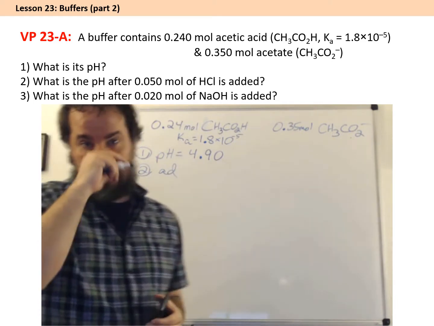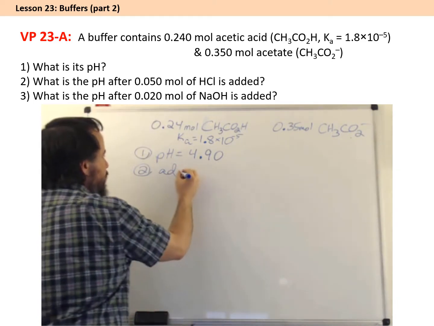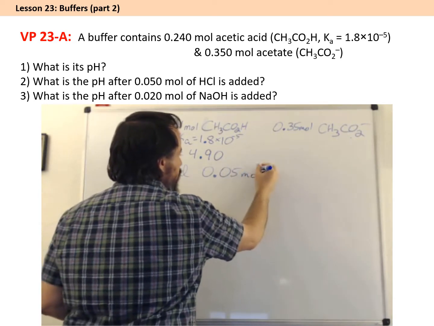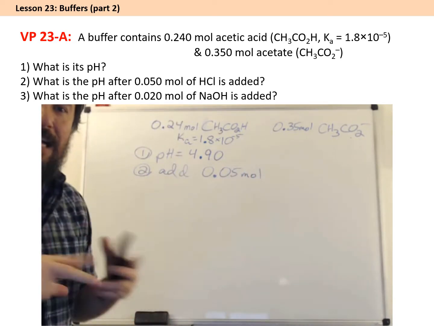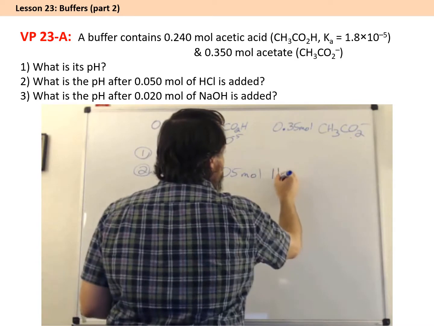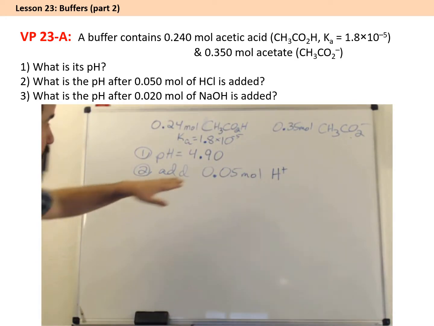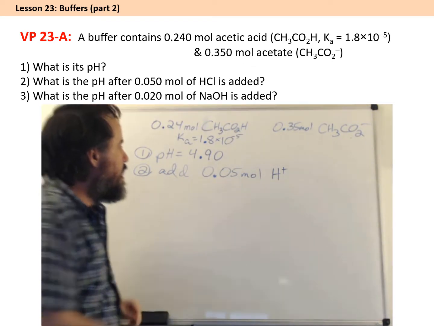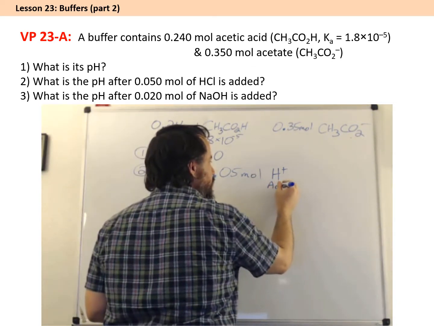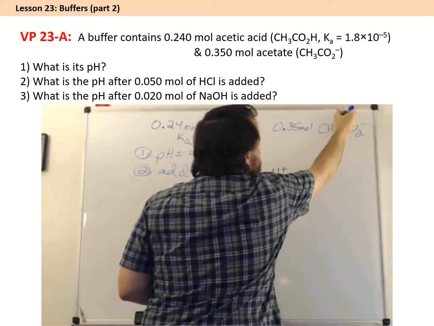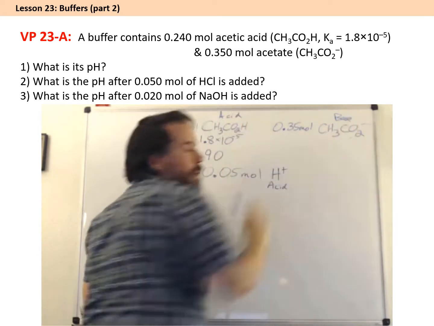So number 2, I add 0.05 mole of HCl. HCl is just there to produce H plus. This is an acid, so what does it react with, my acid or my base?